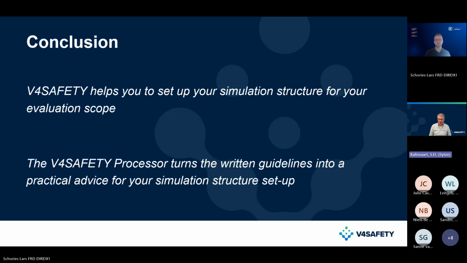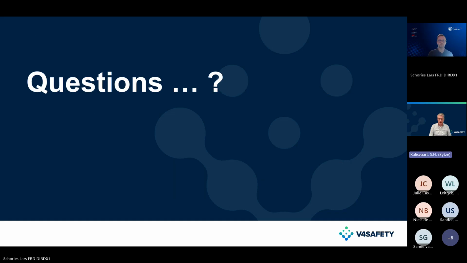So as a final thing, I would like to point to the deliverable that has become available online today. This is D5.1. I put a link to the outputs folder in the chat. That's where you can find all the V4SAFETY results, and it includes the report on simulation structure as well. And on the same page, we will also publish the direct link to the processor.